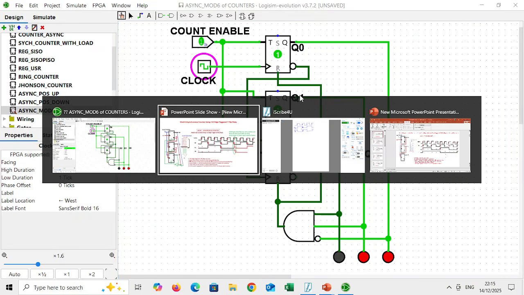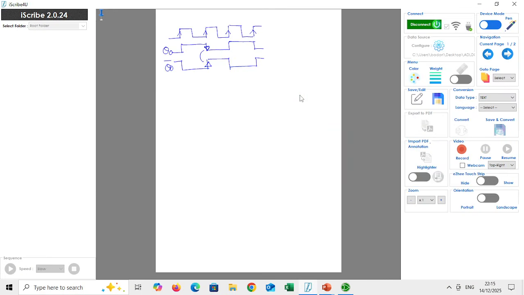One of the challenges with these counters is speed, the limitation of driving these asynchronous counters at high speeds. Why can it not run at high speeds? Let's understand.